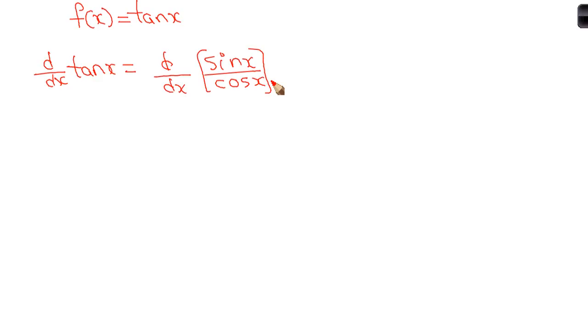It is the same as the quotient rule, derivative of f of x by g of x. What would be the derivative of f of x by g of x? Cos x, that is the second function, into the derivative of the first function, that is the derivative of sin x, minus sin x into the derivative of cos x, divided by cos x whole square.